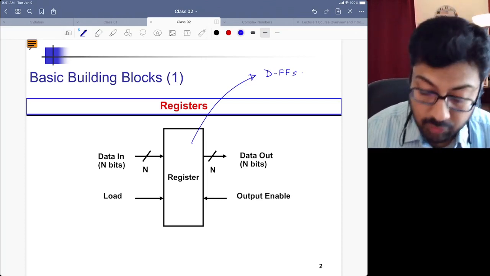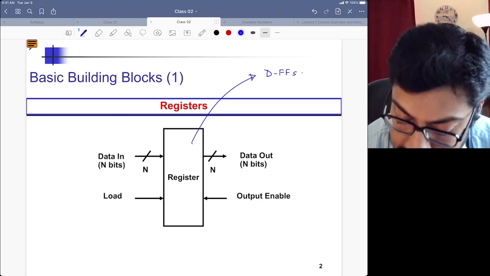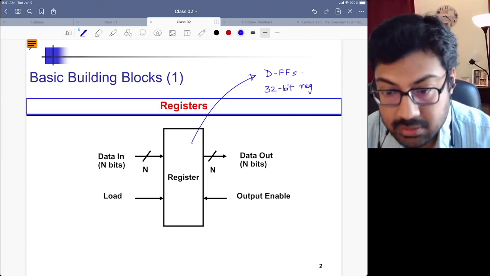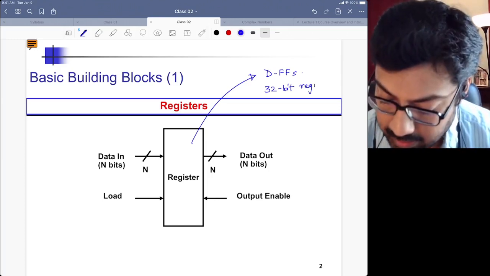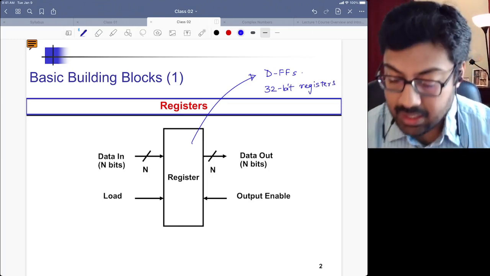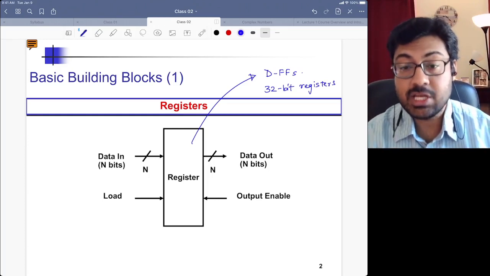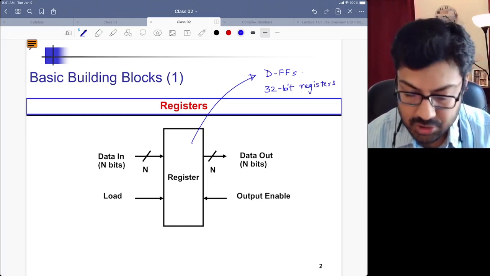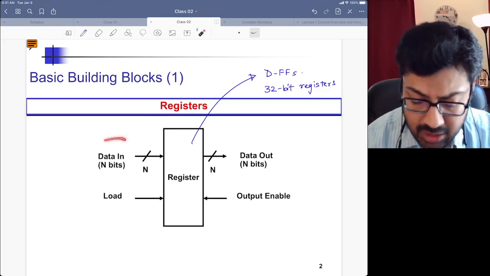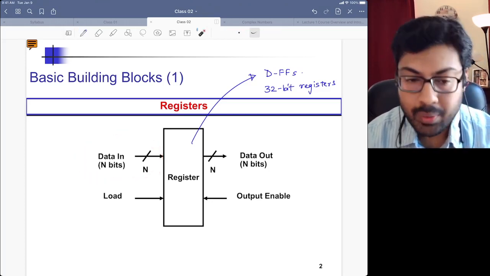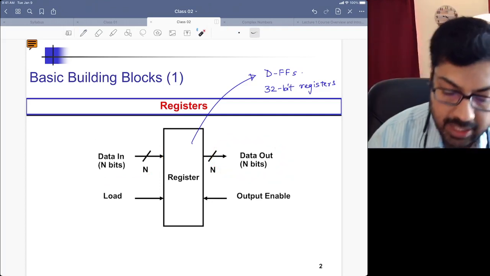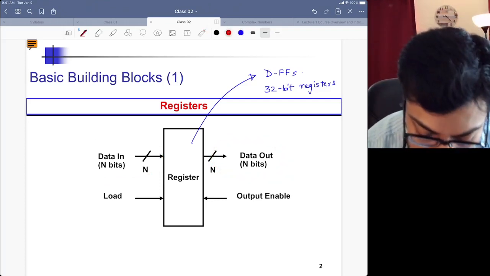What we are going to be seeing is a 32-bit register. We'll be seeing 32-bit registers in the MIPS ISA. So that essentially means that we have 32 D flip-flops built into that one register. So you can put data onto it and you can read data from it. You can write data to it and you can read data from it. So maybe I can also write this.